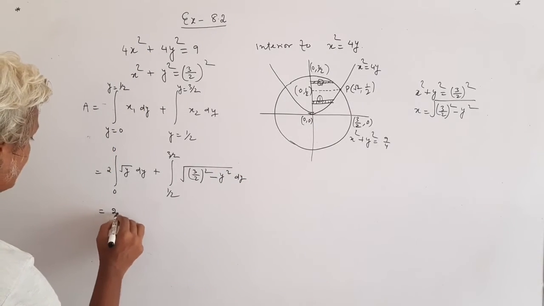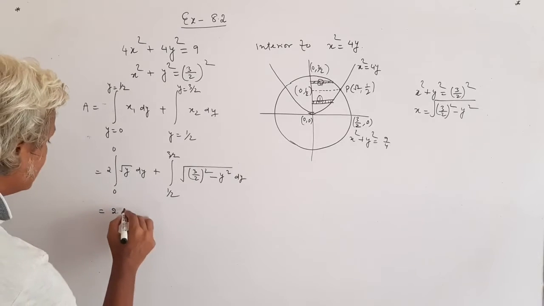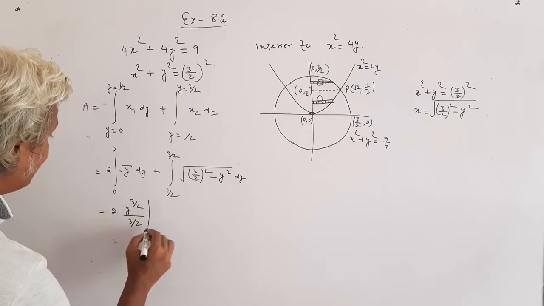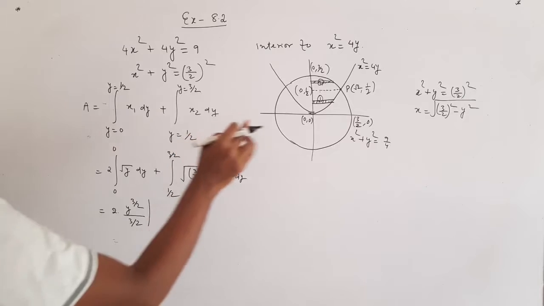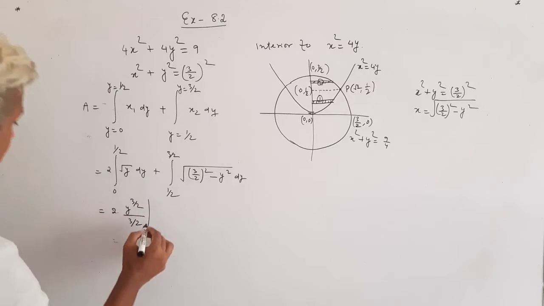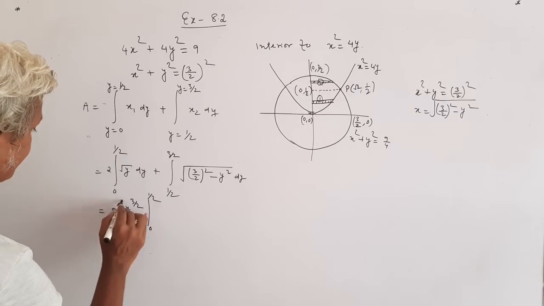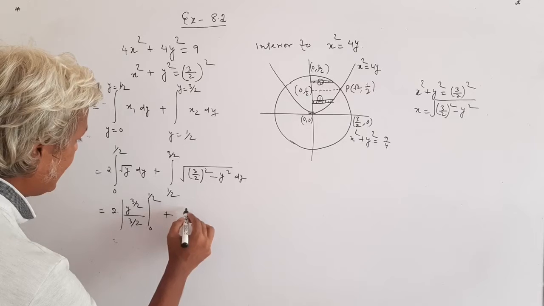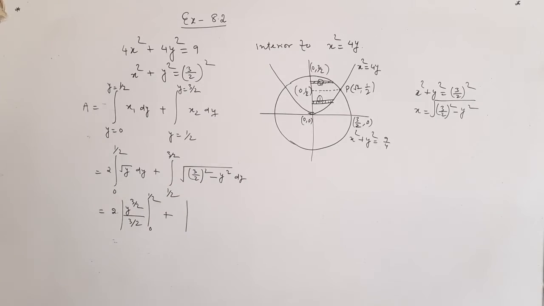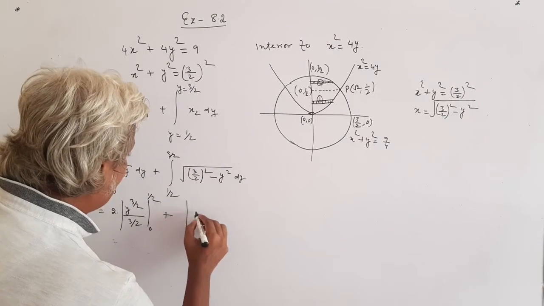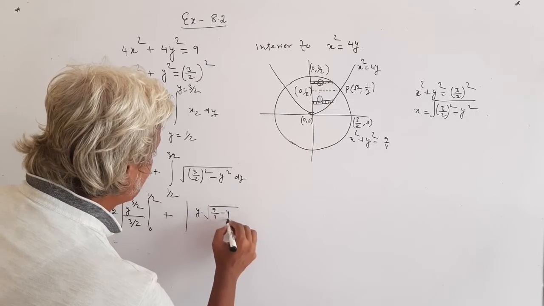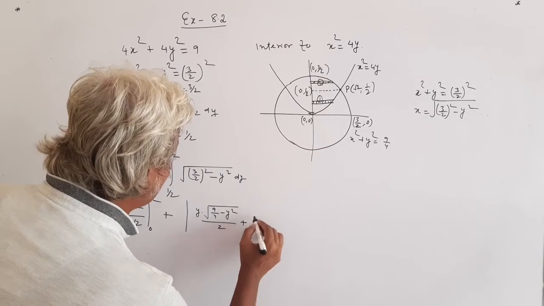Now I find this 2, and integration of root y is just y to the power 3/2 over 3/2, and the limit goes from 0 to half. So 0 to half, and plus this part is again in the form of square root of a square minus x square, which gives me the formula for the y: under root 9/4 minus y square over 2 plus a square by 2.